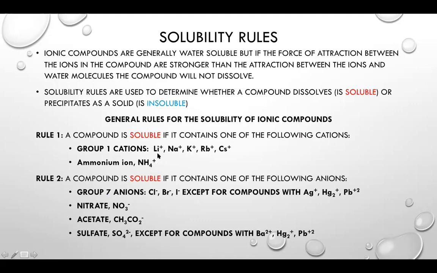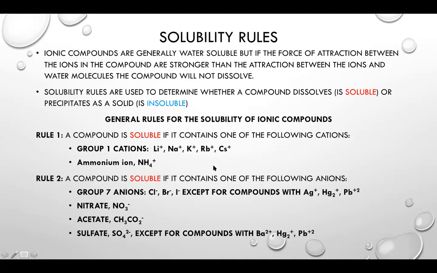These are going to be lithium, sodium, potassium, rubidium, and cesium. And then we have also, if the compound contains ammonium ion, which is NH4, then it'll be soluble. And we'll go over a few examples, but essentially you'll be given a compound and you'll be asked whether it'll be soluble or insoluble. Rule number 2 is a compound is soluble if it contains one of the following anions.